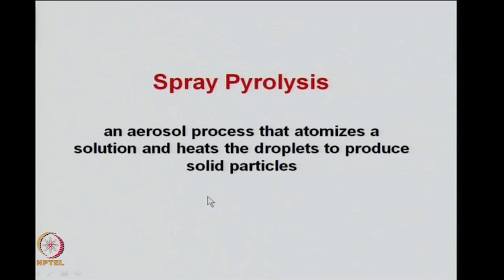You can break down the spray pyrolysis method into two basic steps. One, you have the atomizer which creates the droplets, and then those droplets fall on some substrate which is heated, the solvent evaporates and you get solid particles. For those who may not have studied aerosol or colloid chemistry, aerosols are typically droplets or solid particles in a gas.